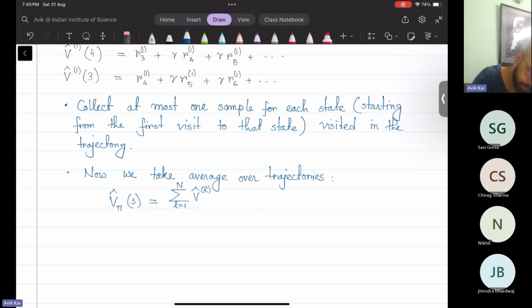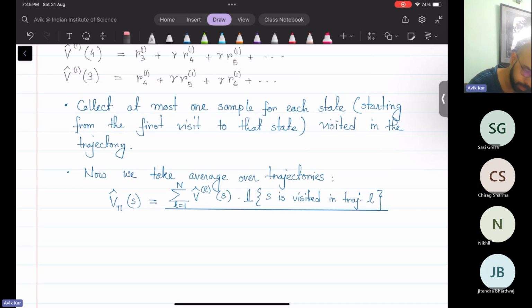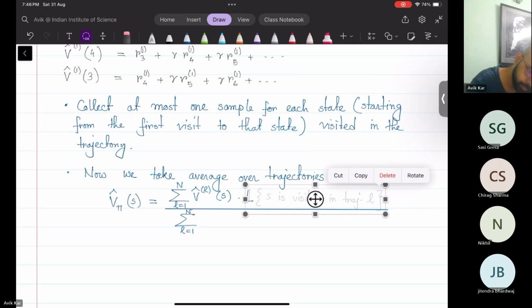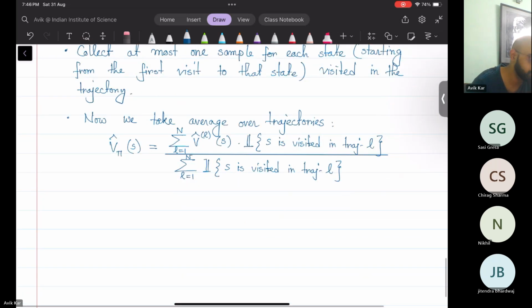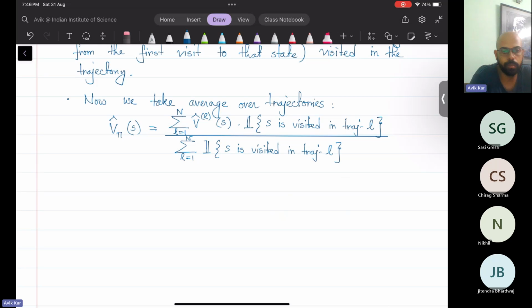We take V hat l of s times the indicator, since V hat l of s makes sense only when the state s is visited at least once in this trajectory. So the indicator is that s is visited in trajectory l, and this is divided by the total number of trajectories in which s is visited. That fully makes sense.